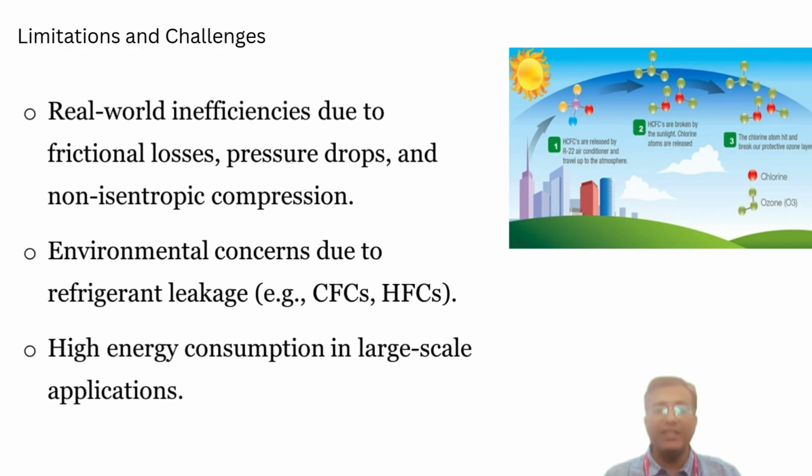Okay, it is just like leaks in the system. For example, a refrigeration system can have a COP of 2.5 in the real world, but ideally on paper it can show a COP of 4.